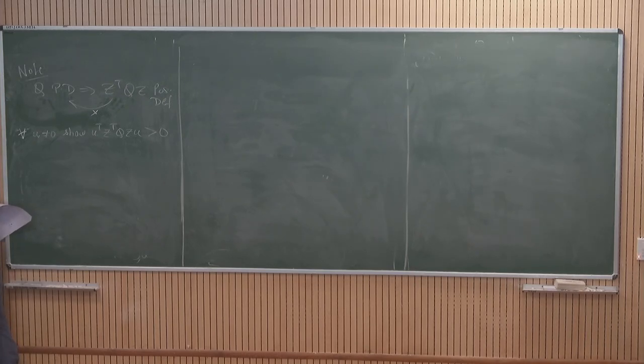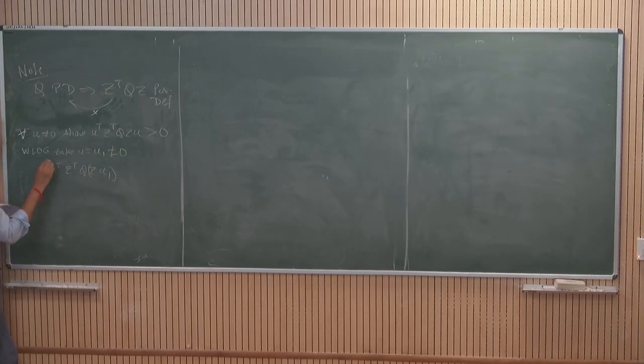Correct? This is what we have to show. So, without loss of generality, take any U to be U1 and write U1 transpose Z transpose Q Z U1, where U1 is not equal to 0.